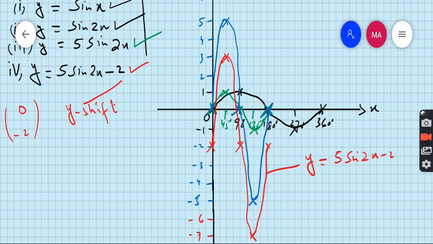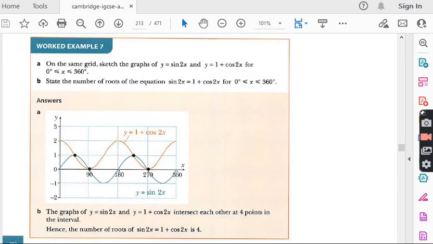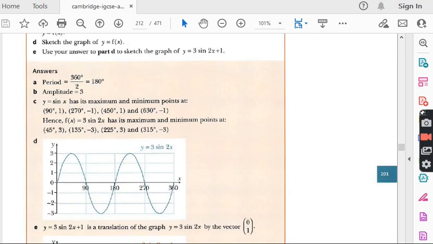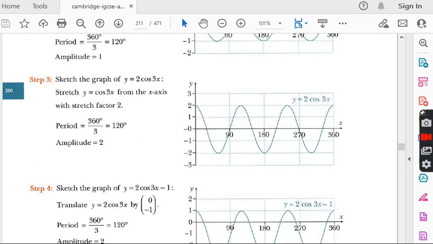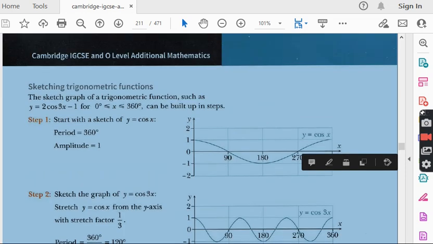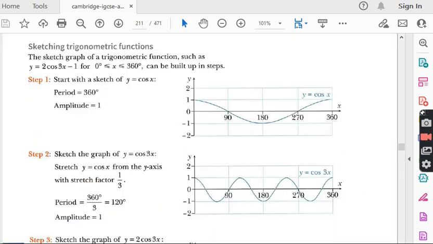But it is very good for you if you split the graph in order to clear the concept. Examples in your book also show the graph of the given function and split into steps.